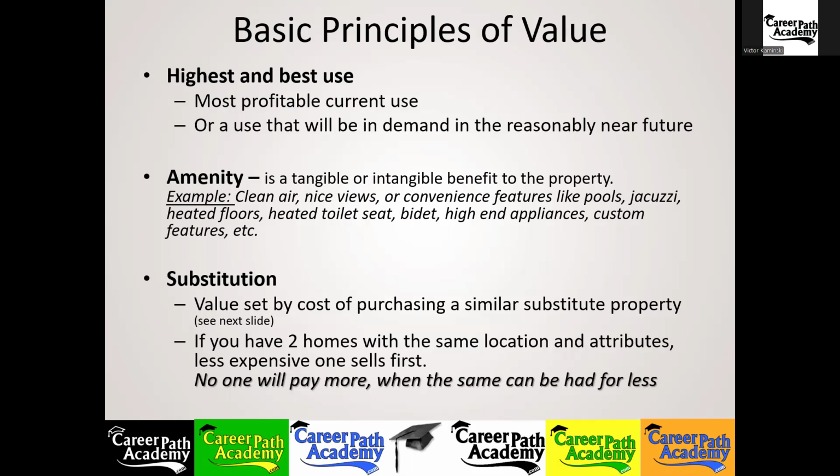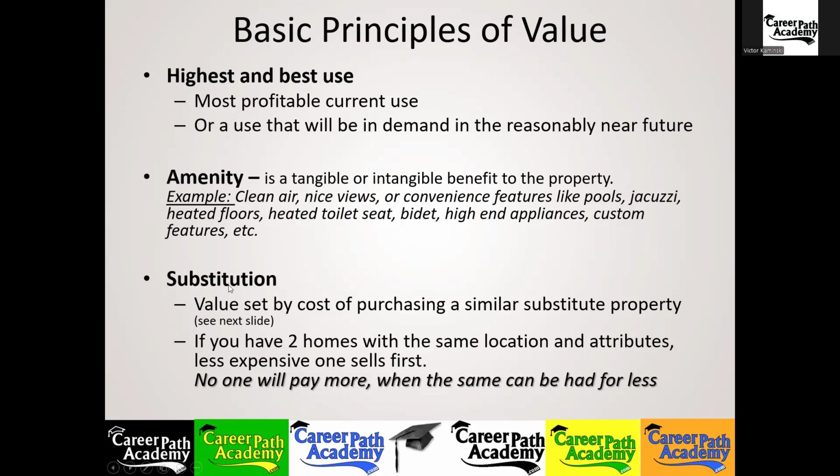Having a beautiful beachfront property view, or a mountain view. Or convenience features like pools, jacuzzis, heated floors, a heated toilet seat, a bidet, high-end appliances, custom features, etc. These are all amenities. That swimming pool, it's an amenity.